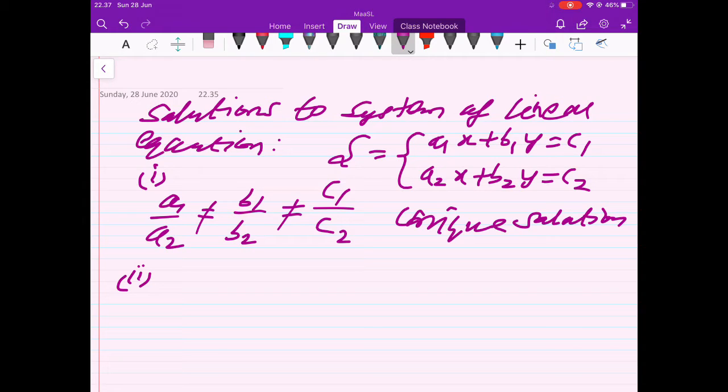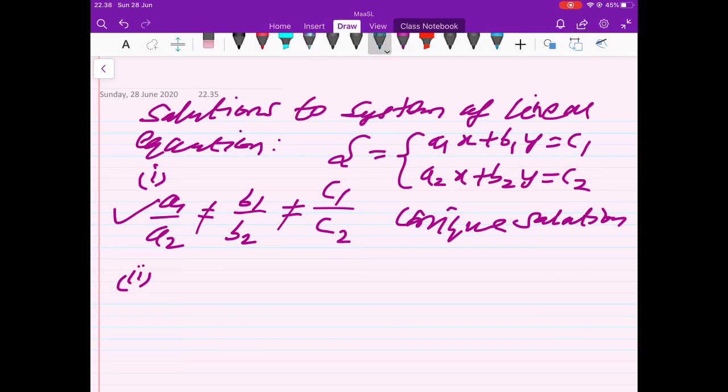So simultaneous linear equations will have two possibilities, consistent and inconsistent solution. Consistent means either they will have a unique solution or they will have infinite solutions. So we'll see when they can have a unique solution, if this condition is satisfied, and when they can have no solution.